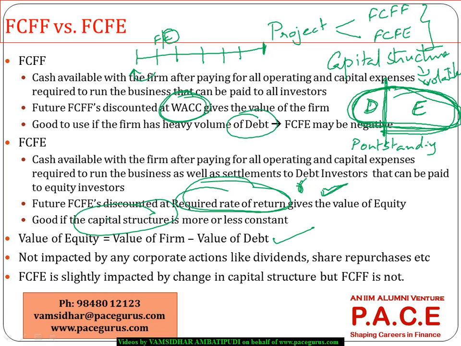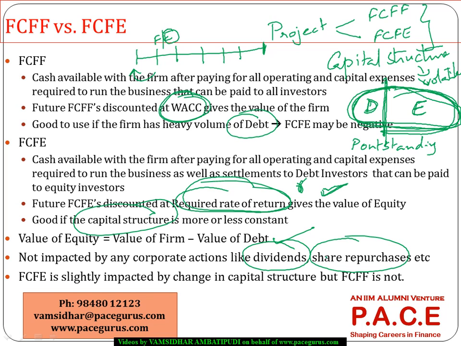And few more important points to remember in this context. Any corporate action that the company gets into, especially declaration of the dividend or share repurchases, any such kind of corporate action, it does not have any kind of change on FCFE or FCFF, because we are defining FCFE as the cash that is available with the firm after the operational and the capital expenditures, right?